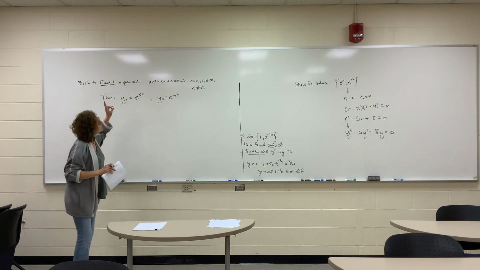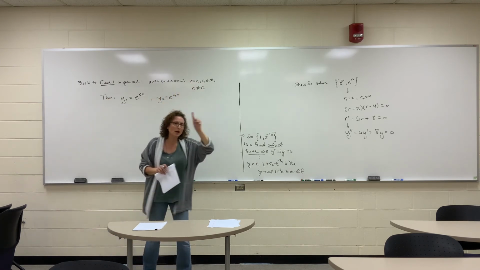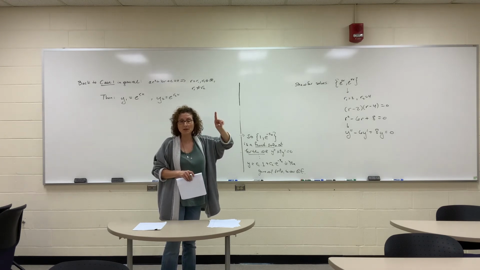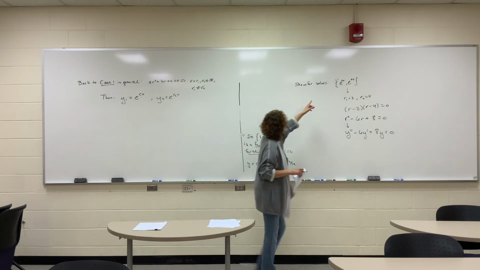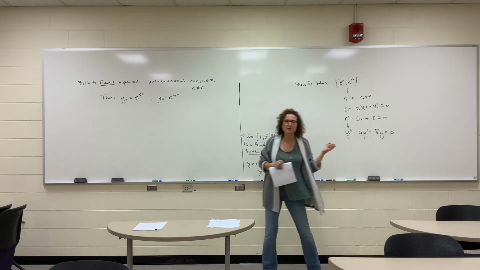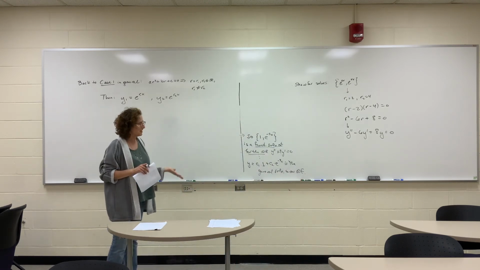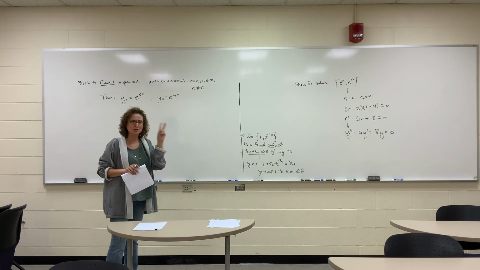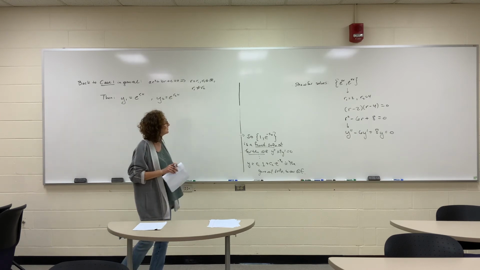So think about case 2, which is the case of a double root, where you only get one root, just repeated twice. It's the same number, like e to the 2x and e to the 2x. Well, e to the 2x isn't linearly independent with itself, so you're not going to be able to write down a fundamental solution set. You've got one solution, you don't have two. Where's the other one going to come from? That's one of the things we're going to address.